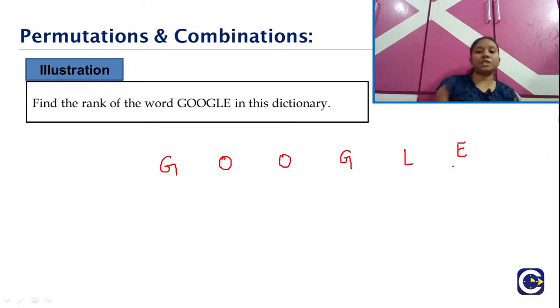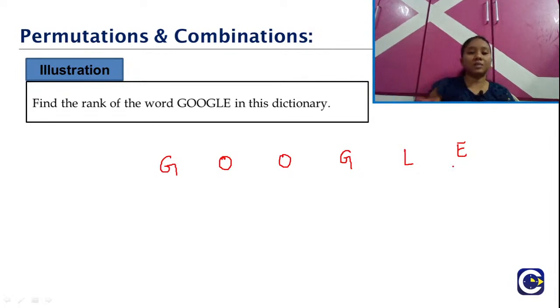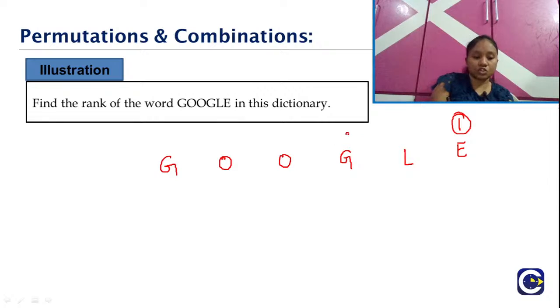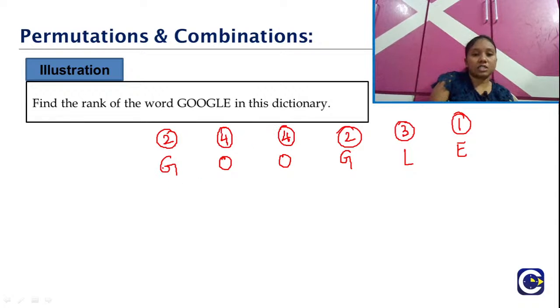First and foremost, we have to number the alphabets according to alphabetical order: E, and then G, L, and then O. Let's start with the first letter G and see less than 2.